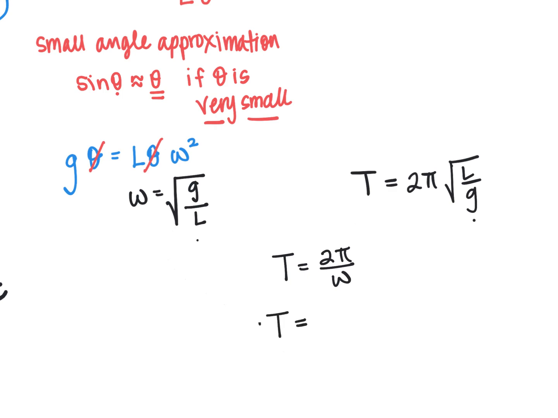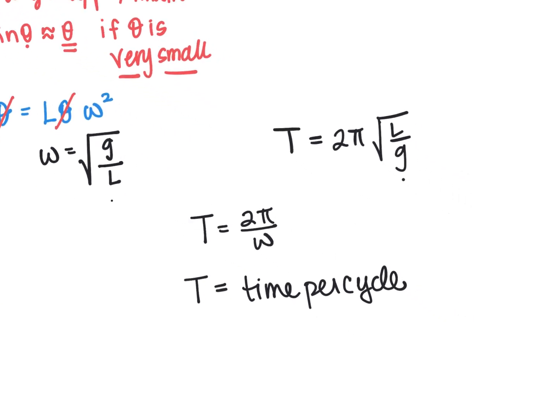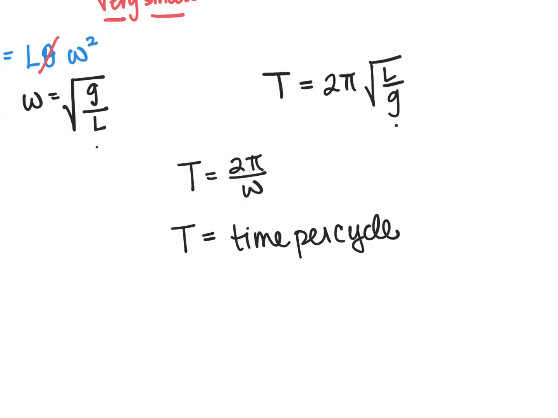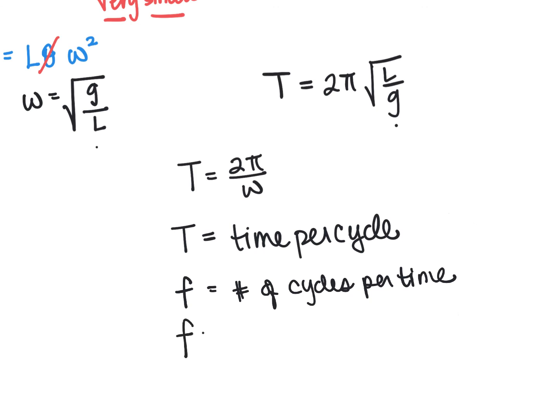So the period is the time per cycle, and if period is the time per cycle, frequency is the number of cycles per time. So frequency is one cycle per period.